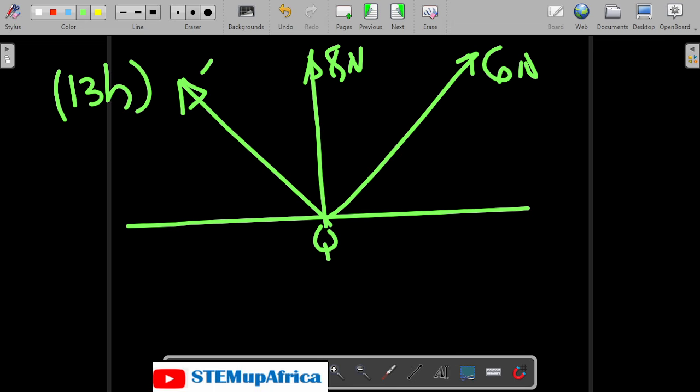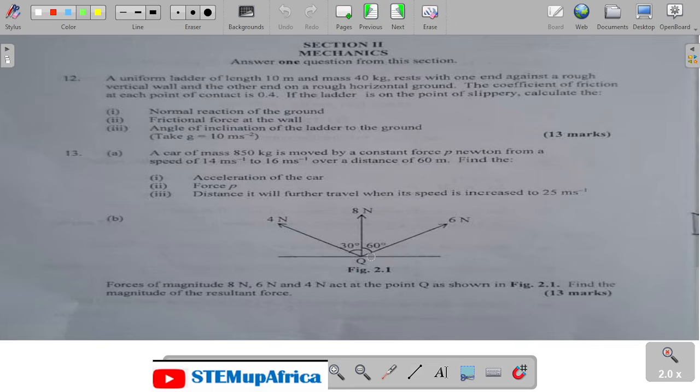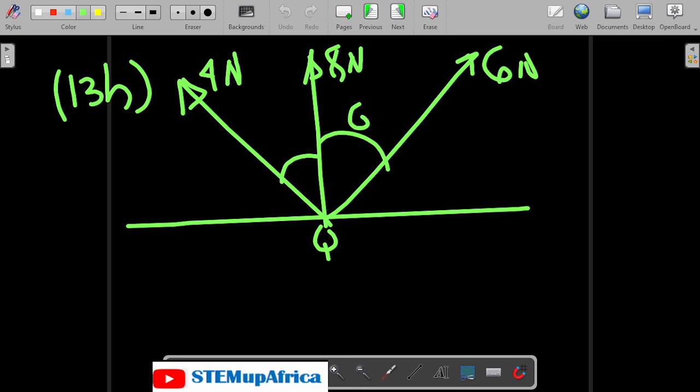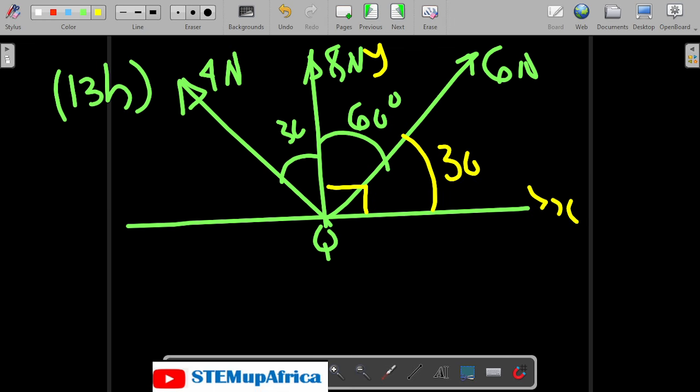And here is 4 Newton. And the angles here are given. You have 60, 30. Don't forget, this is our y-axis, and this is our x-axis. So you can see the angles are inclined to the y-axis. Every quadrant is 90, so here becomes 30, here becomes 60.